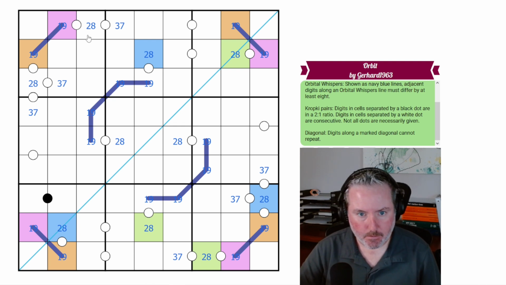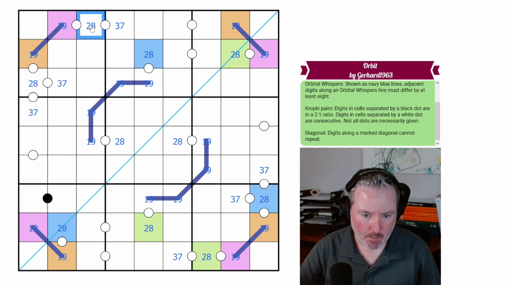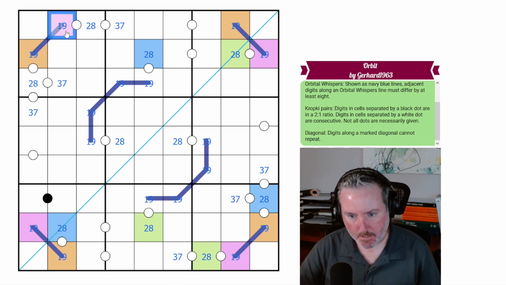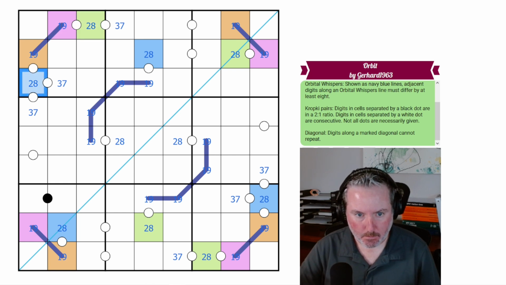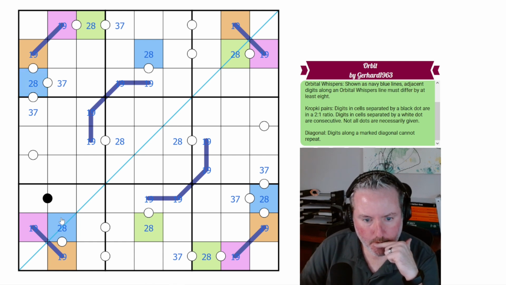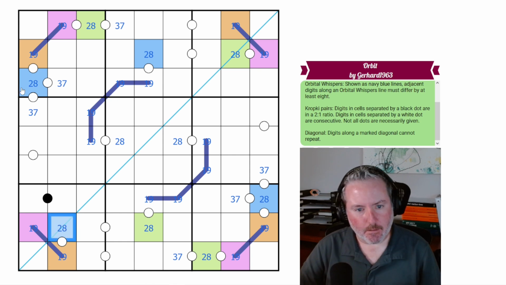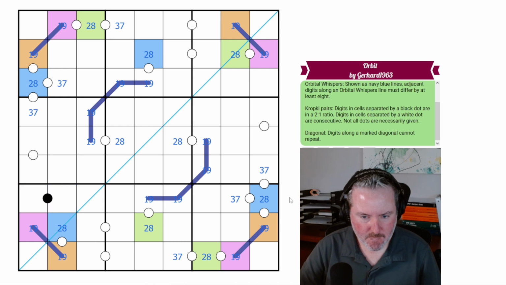Now, we also know that this is not attached to the purple 1-9, so therefore it can't be the blue 2-8, it must be the green 2-8, which means this is our blue 2-8. Again, it's all the same color 2-8s that are looking into here, which is not what I'd hoped it would be.